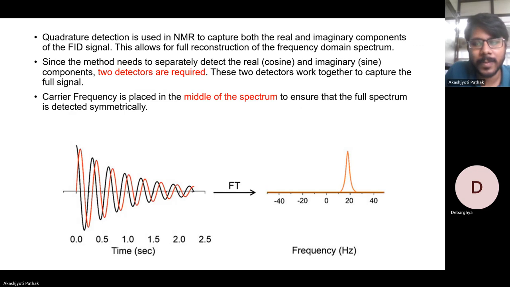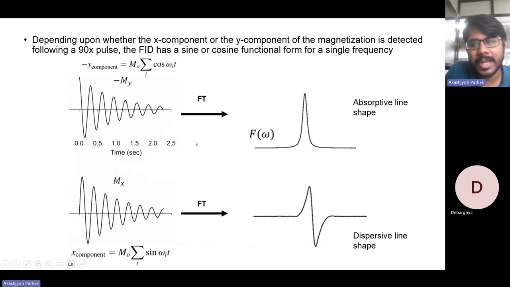So what quadrature detection does is that the X and Y components are detected simultaneously. This is the real component, the absorptive line shape. This is what we detect in an NMR spectrum, right? This dispersive line shape is called the imaginary component.